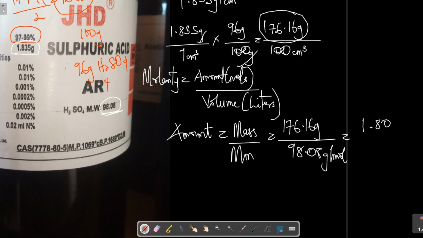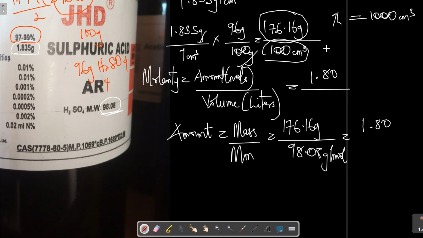Okay, so our amount here is 1.80 over, converting cm cube. Take note, this is cm cube. We need to convert it to liters. So you know, 1 liter is equivalent to 1000 cm cube. So converting this to liters, you divide with 1000.